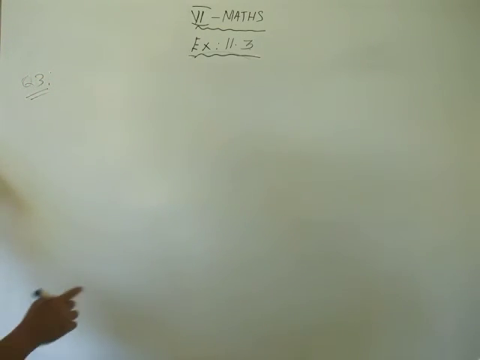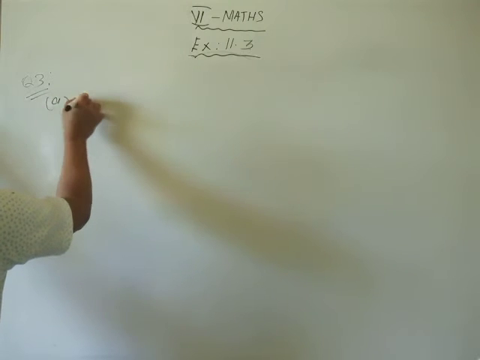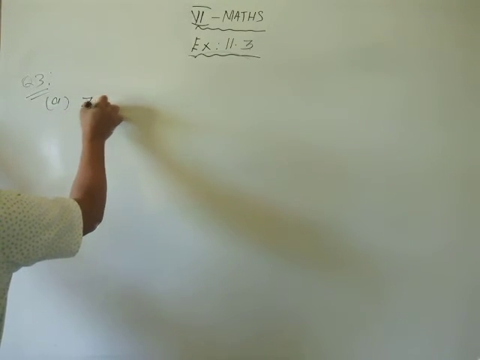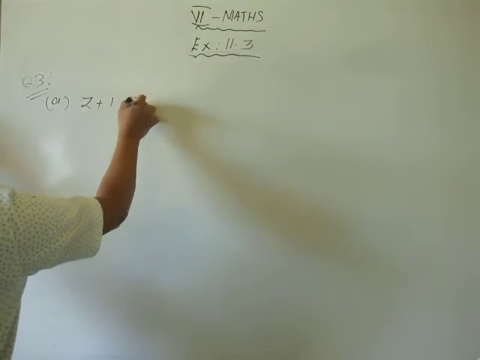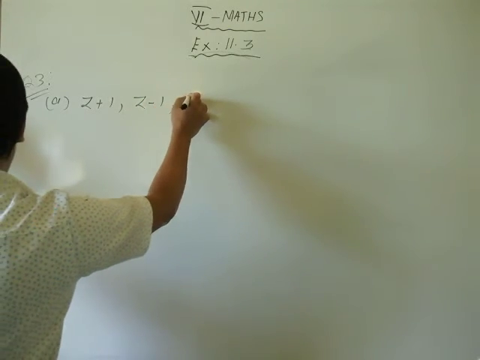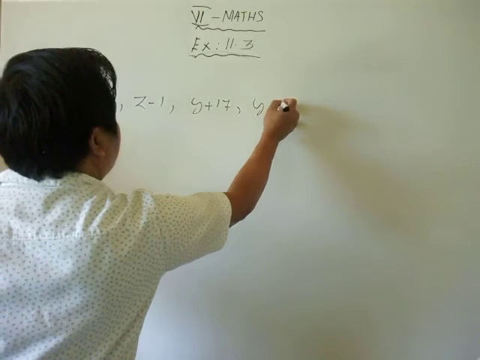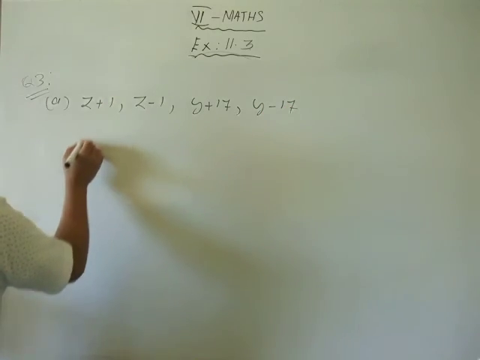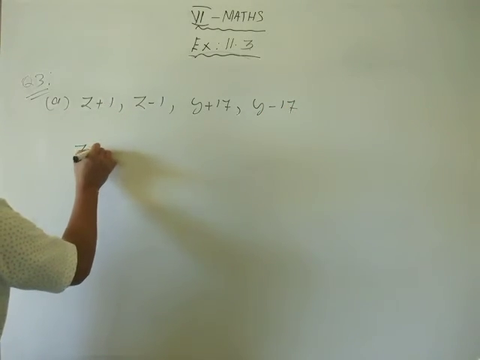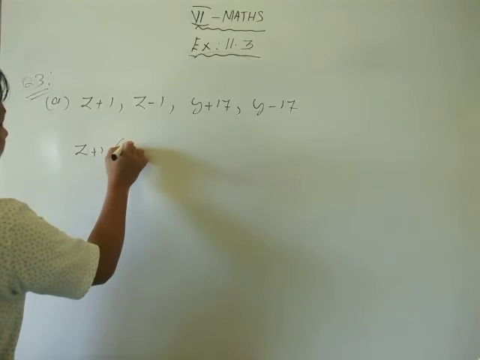We have to identify the operation. A: z plus 1, z minus 1, y plus 17, and y minus 17. See, here what is the operation? z plus 1 is addition.